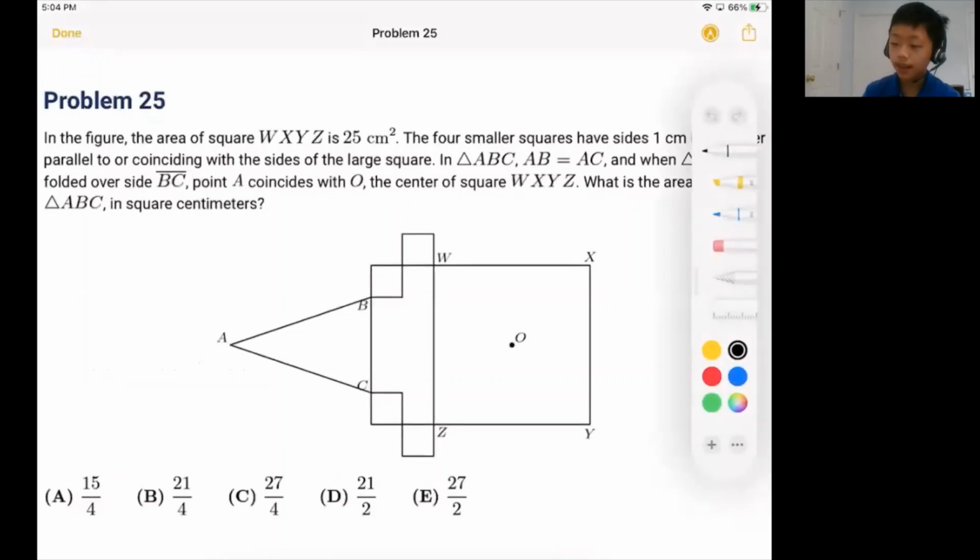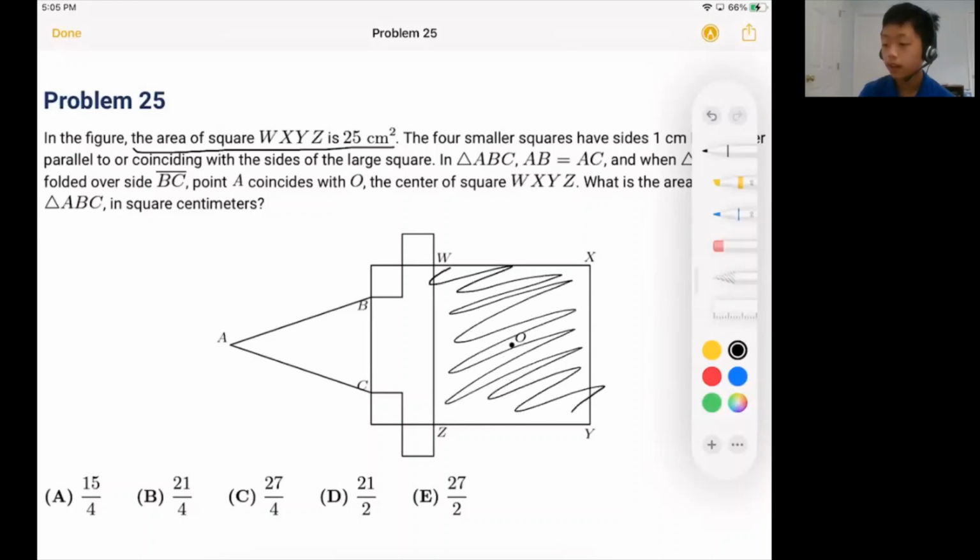So this is another geometry problem. And I guess the idea is we first start with the first sentence. We take this problem step by step, right? So we know the area of WXYZ is 25 and it's a square. So each of these lengths has side length 5, just by using math.